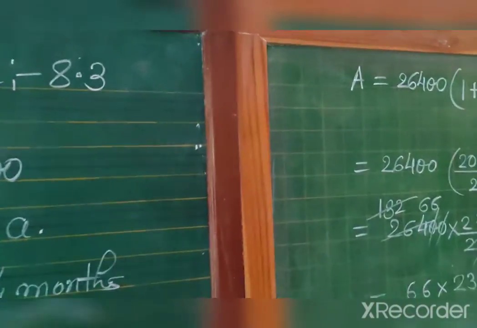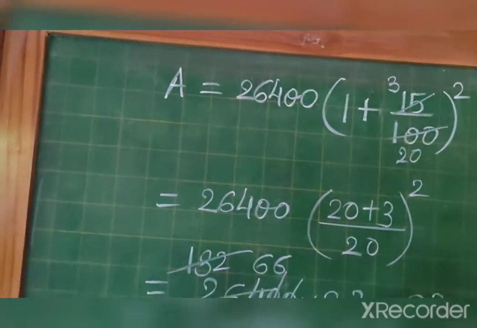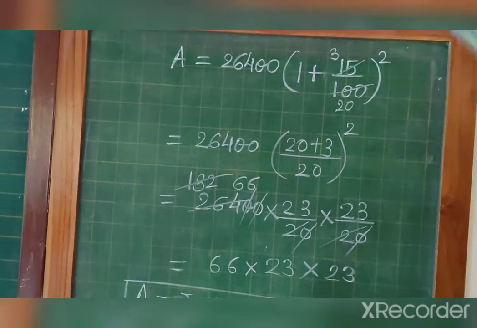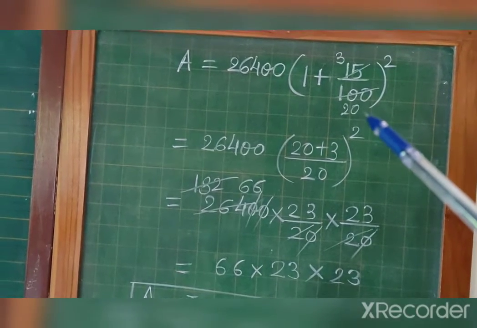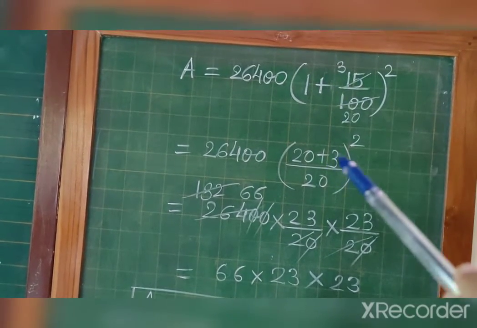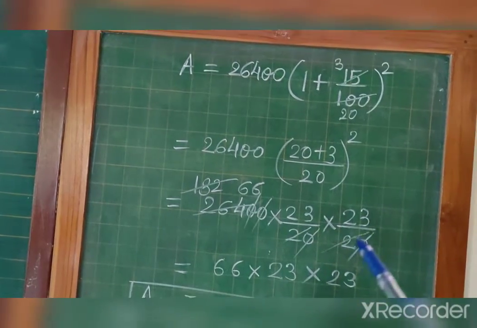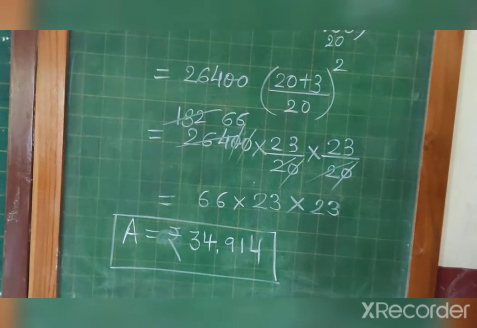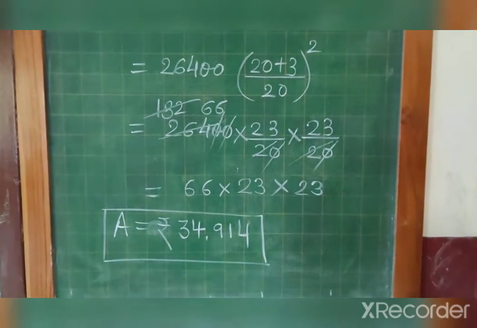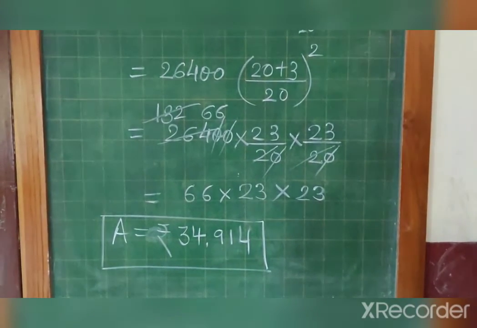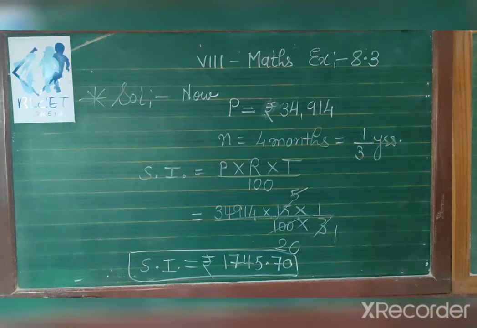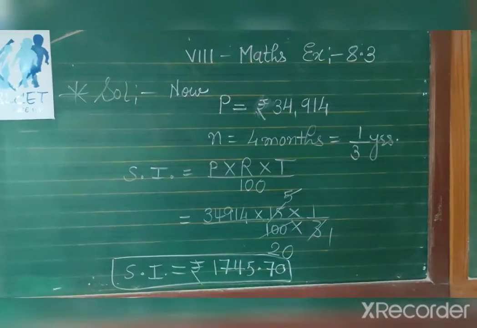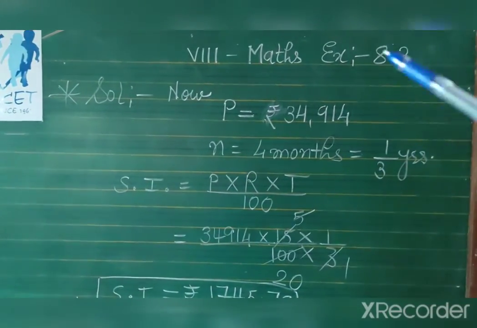After putting the values, 26,400 in the bracket, 5 threes are 15 and 5 twos are 10, 20 ones are 20, so 23 upon 20. Cancel 23 upon 20 by this, and after calculating you will get the amount 34,914.